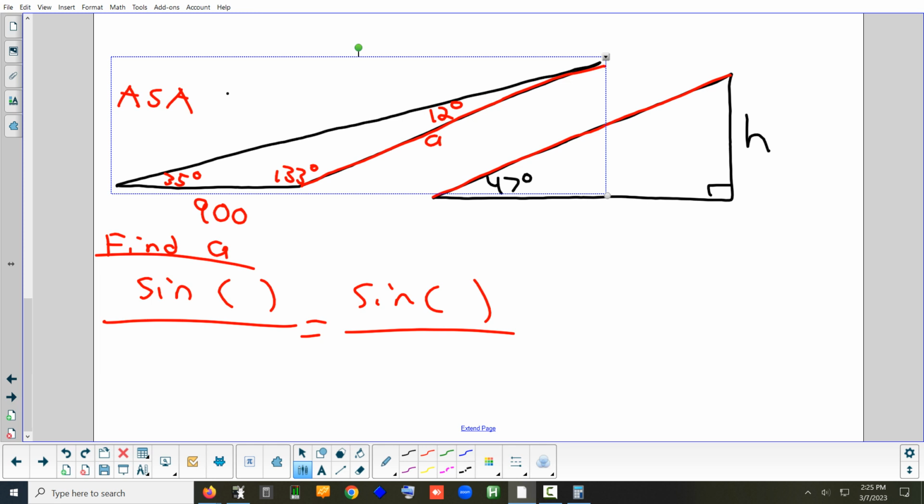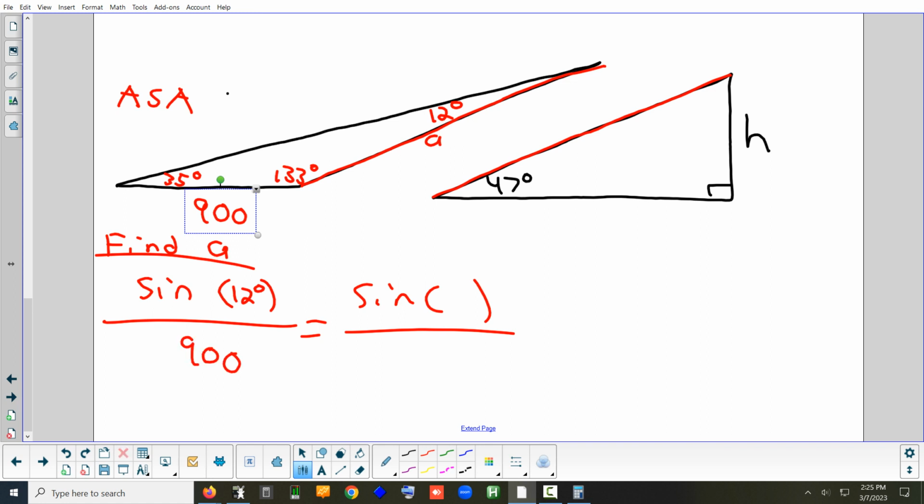Sine of what over what? It doesn't even matter whether that's A or B or C or alpha. But I know that's the angle, and that's what's across. So just fill that in. Sine of 12 over 900 equals.